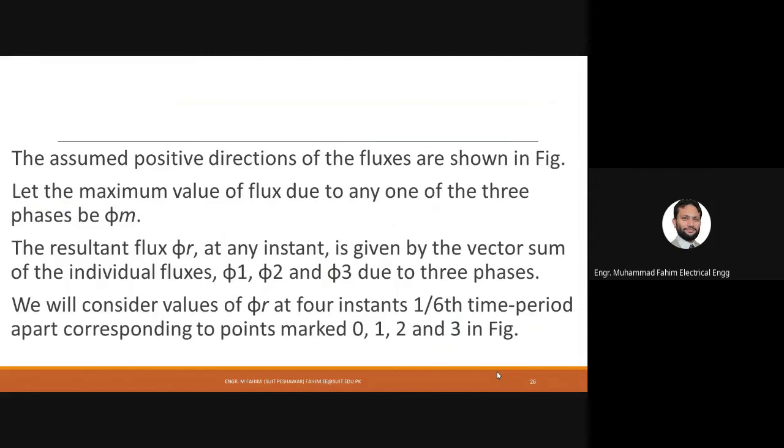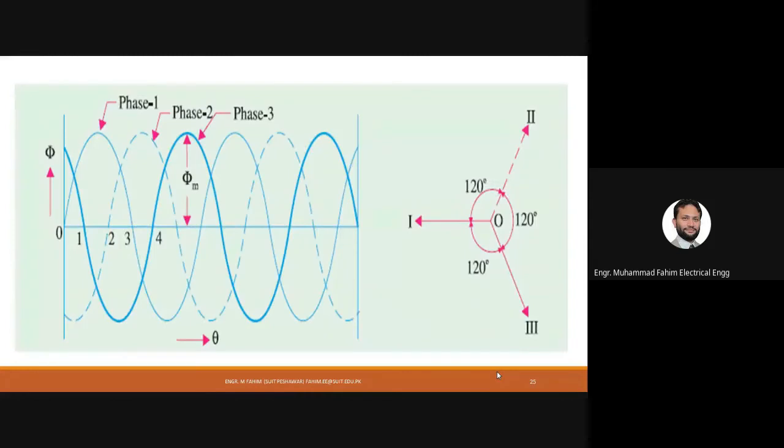We will consider values of phi r, the resultant flux, at 4 instants 1 by 6th time period apart, corresponding to the points marked 0, 1, 2 and 3 in the figure over here.